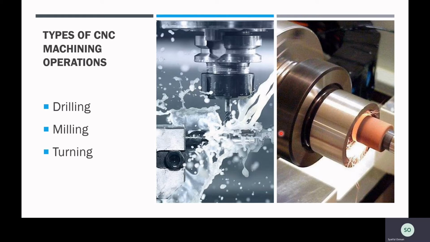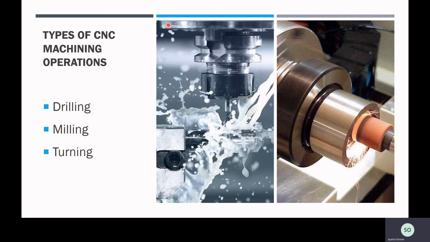And the process consists of several different computer controlled machining operations that include mechanical, chemical, electrical, and thermal processes that remove the necessary material from the workpiece to produce a custom designed part or product.